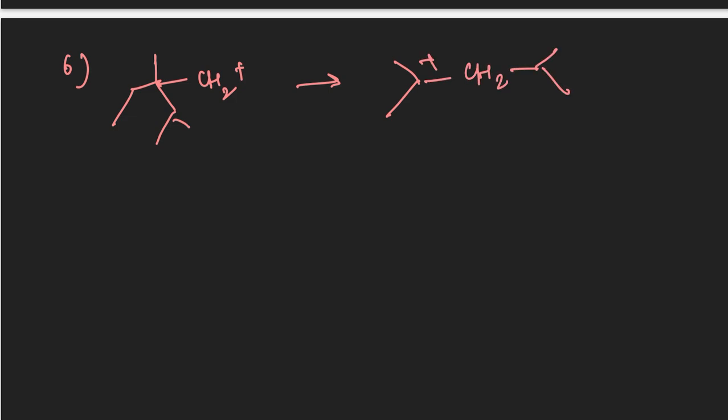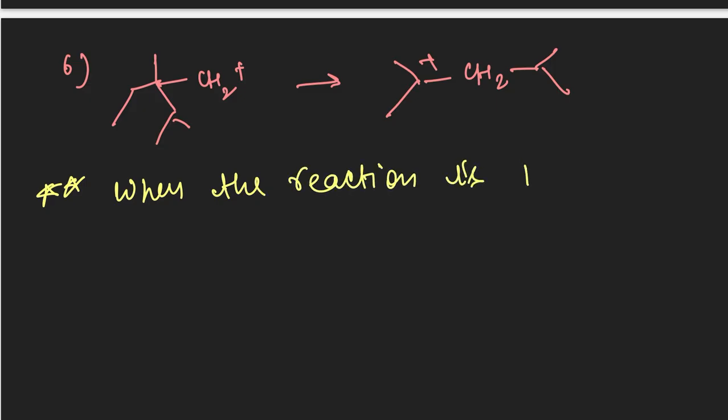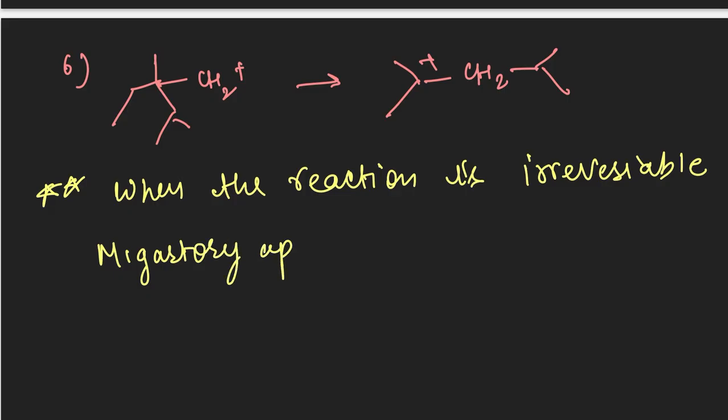The most important case is when the reaction is irreversible. When the reaction is irreversible, we don't have to judge by the stability of the carbocation. We judge it by the migratory aptitude.